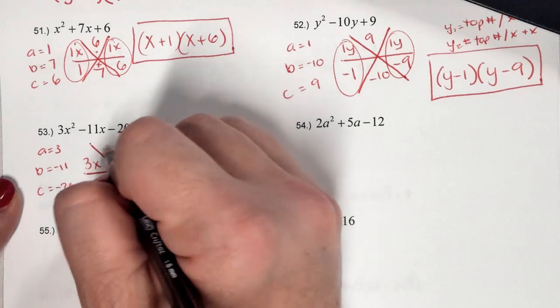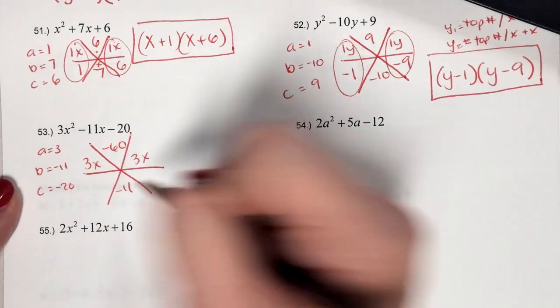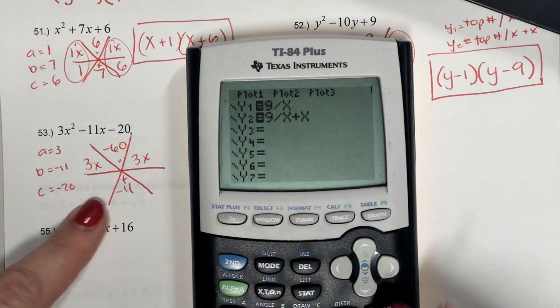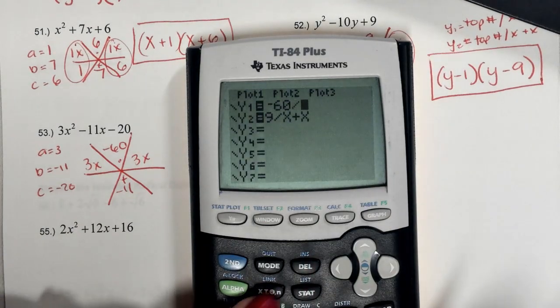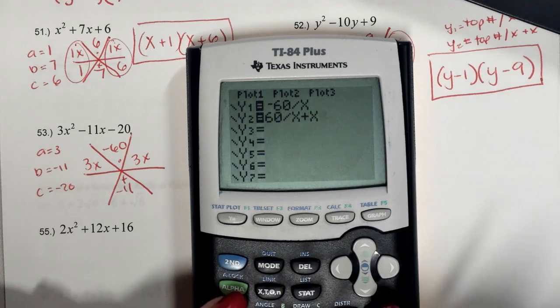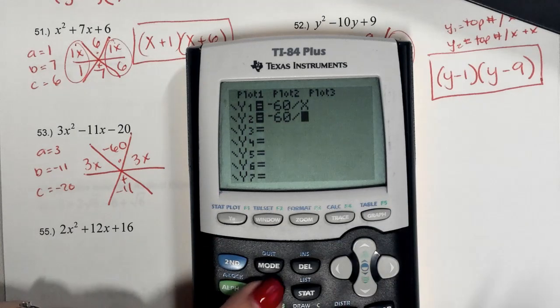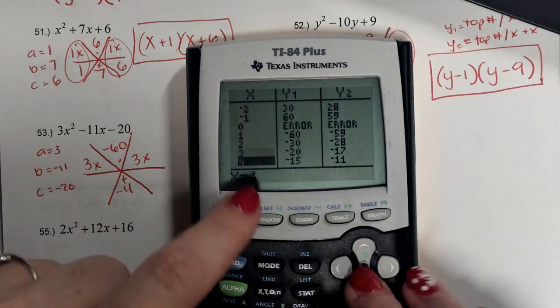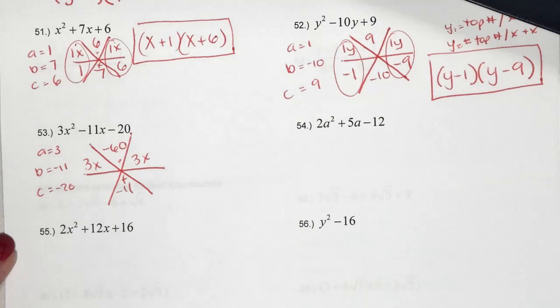A times C is negative 60, B is negative 11. This is when they get a little harder to find your two numbers, so your trick is a little nicer. Oop, forgot my negative. So I'm going to do second graph, and I'm looking for negative 11. And look, it's right there. So positive 4, negative 15.